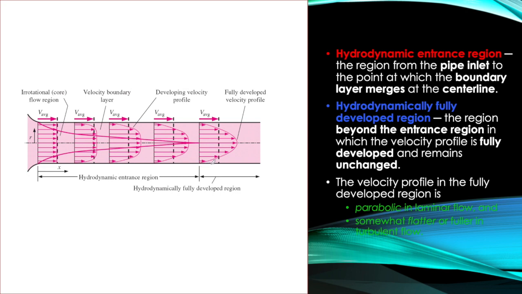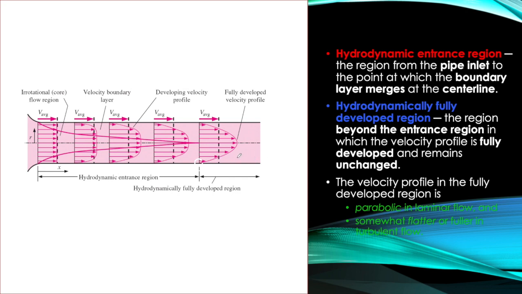Okay, as the x continues after this point, it will remain as a fully developed velocity profile. This velocity profile is parabolic in shape for a laminar flow, but somewhat flatter or fuller in turbulent flow.